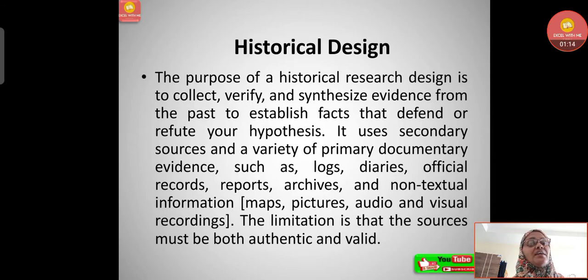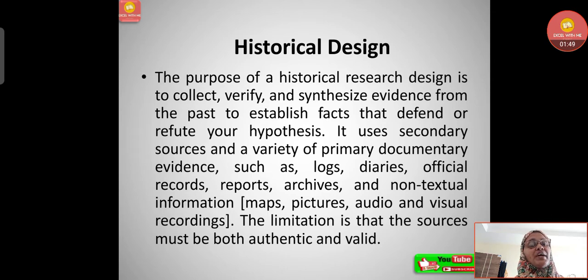It uses secondary sources and a variety of primary documentary evidence such as logs, diaries, official records, reports, archives and non-textual information like maps, pictures, audio and visual recordings. So what kind of things will you use in this historical design? Secondary sources, that means somebody has already written something related to that. Not like in descriptive research, where questionnaires are the primary ones.